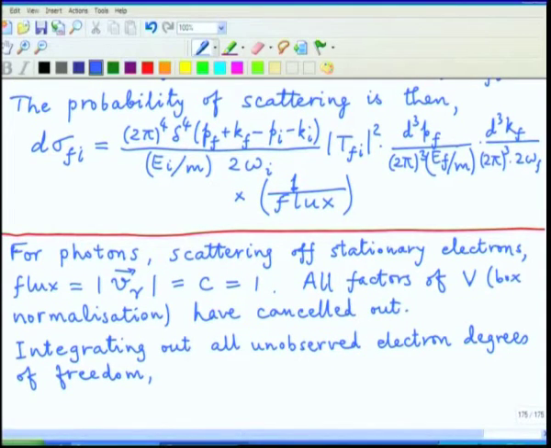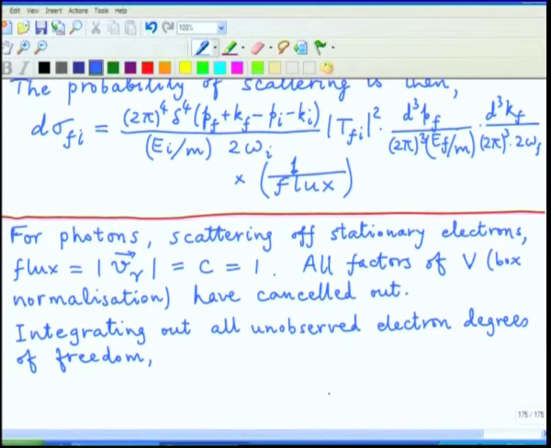So, let me just write the first step, which is just integrating over the electron degrees of freedom. So, it becomes d sigma_fi, overall factors of m squared I can put in the numerator, all the various 2 pi's and 2's etcetera simplified to 16 pi squared. The energy and momentum becomes m times omega_i, and for the final state it is E_f omega_f.